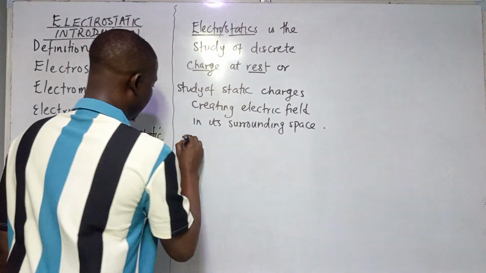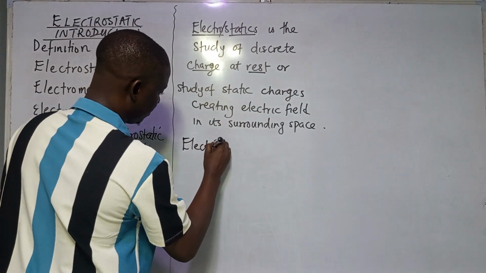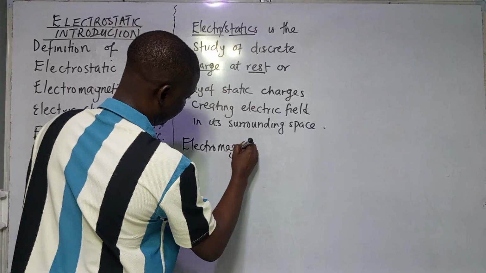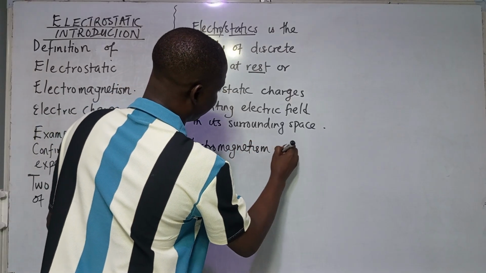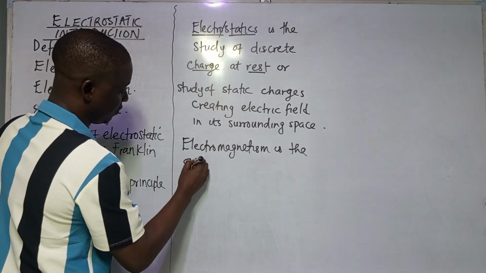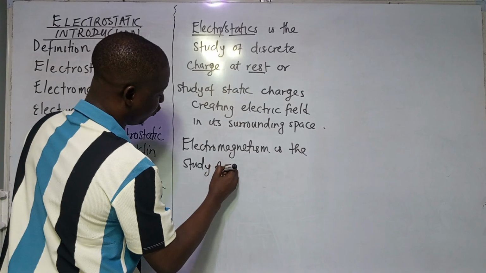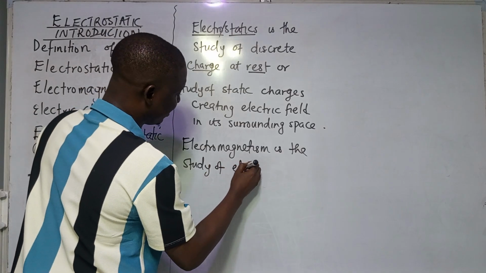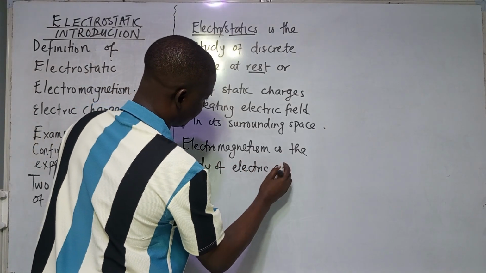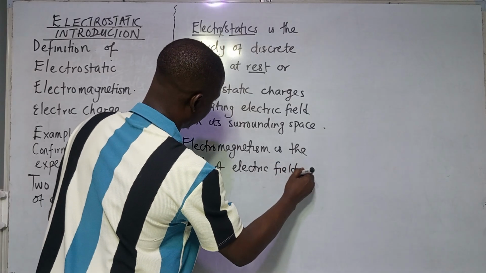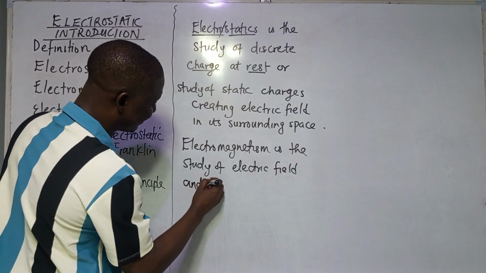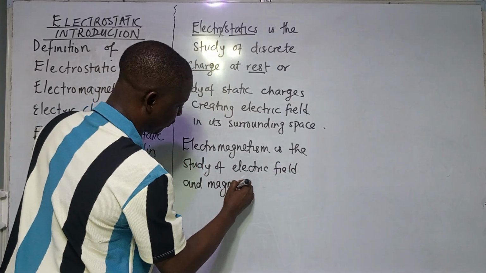Electromagnetism is the study of electric field and magnetic field interaction.